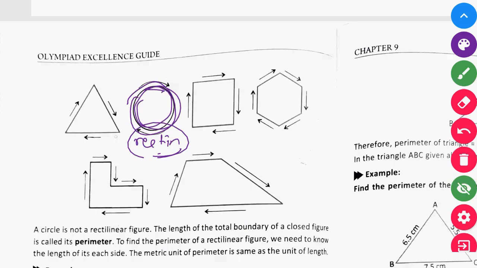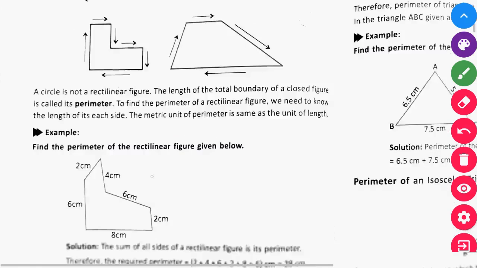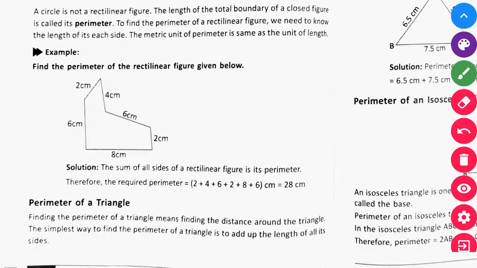Circle is not a rectilinear figure, but besides the circle, triangle, square, hexagon, this irregular shape, this pentagon, this quadrilateral which is an irregular one, all are included in the rectilinear figures, which are closed figures bound by line segments and angular components. So we are considering them in the perimeter section.